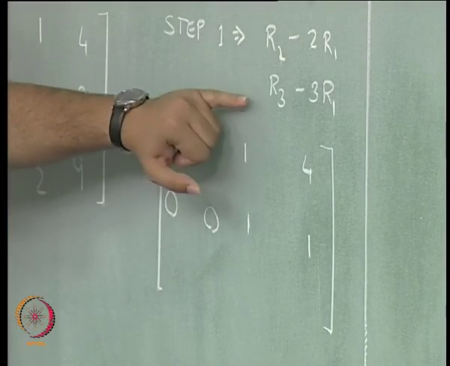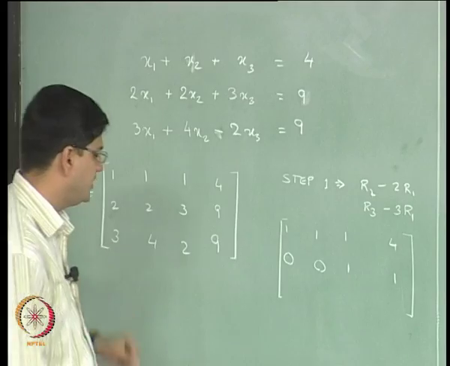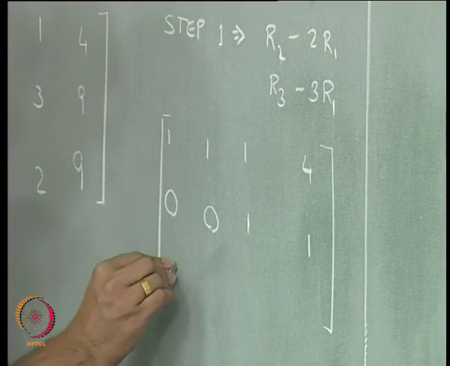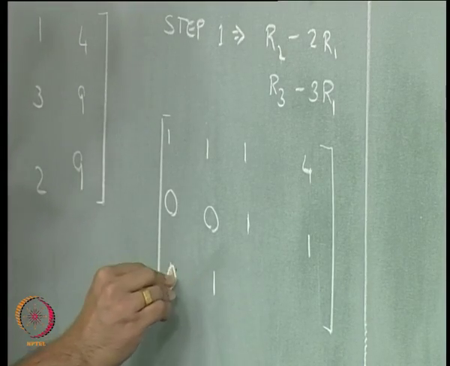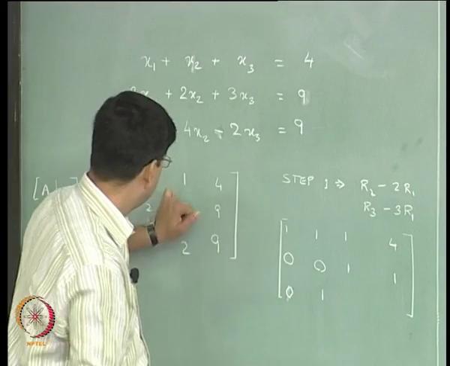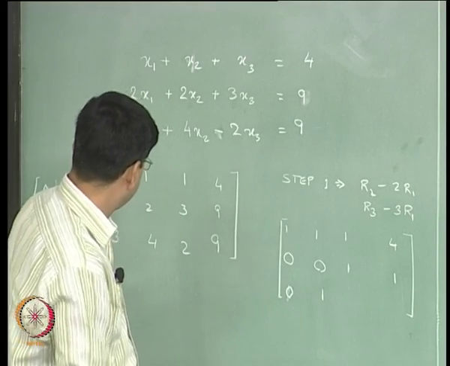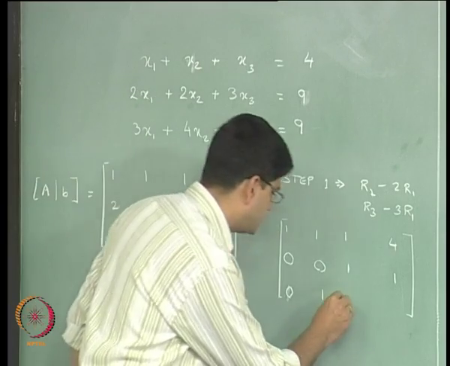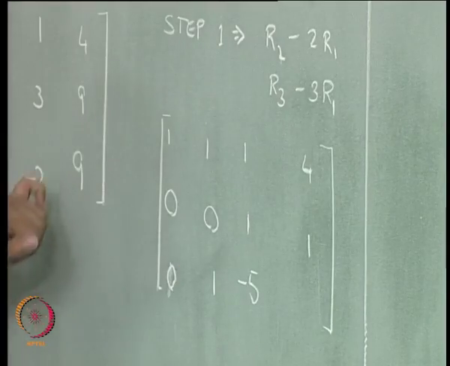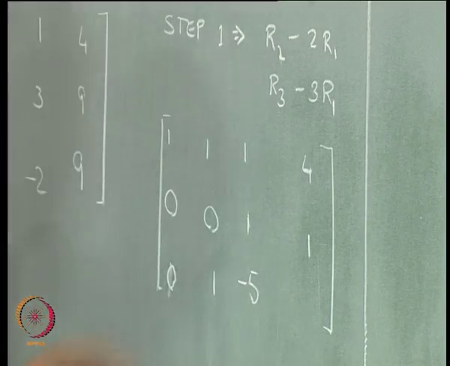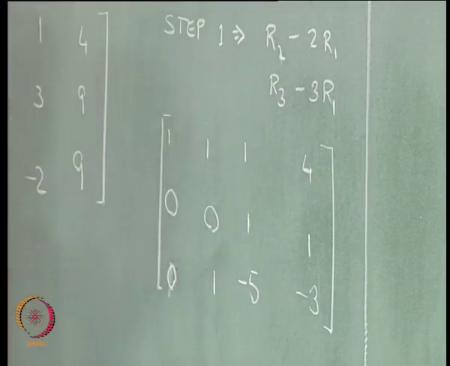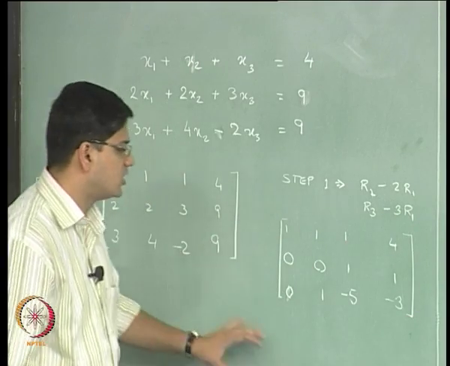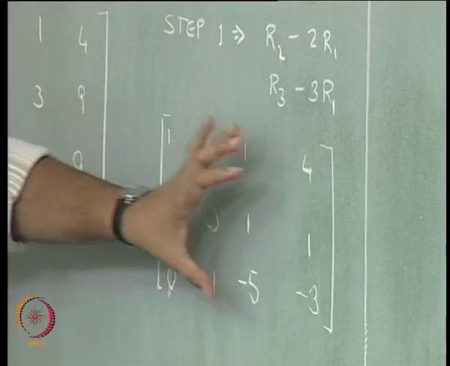And when we do R3 minus 3R1, we will essentially get 0, 1, 2 minus this would be minus 2. So minus 2 minus 3 will be minus 5, and 9 minus 12 will be minus 3, same as before. Okay.